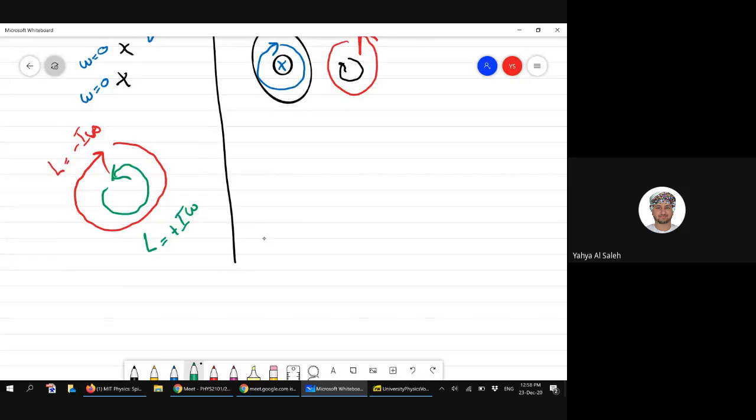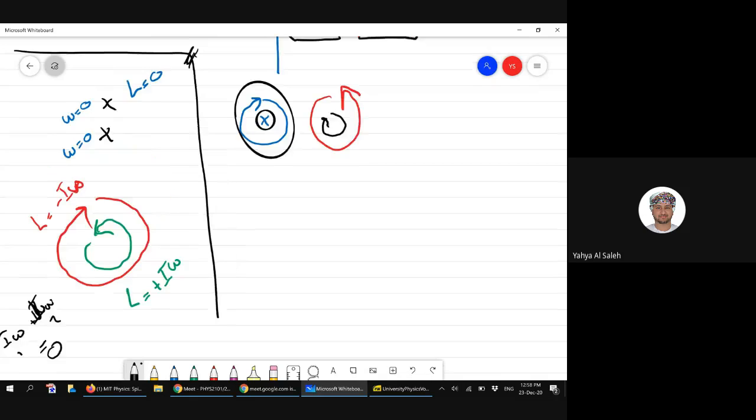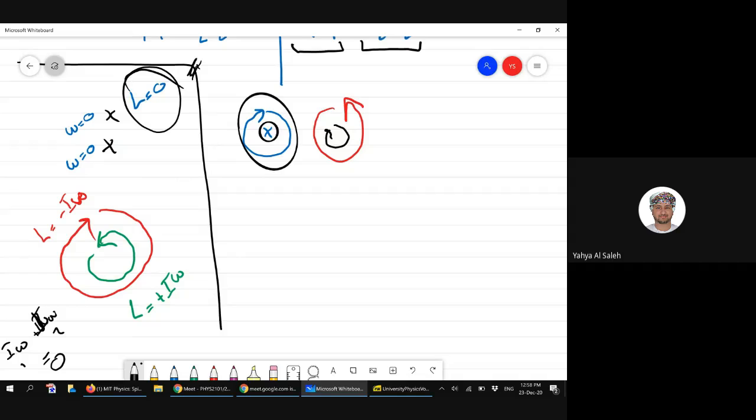So when I add I omega of object 1 plus I omega of object 2, my result would still be equal to 0, just like before.